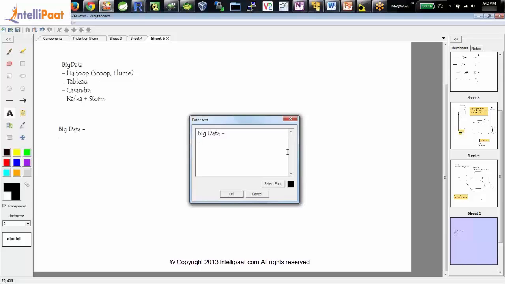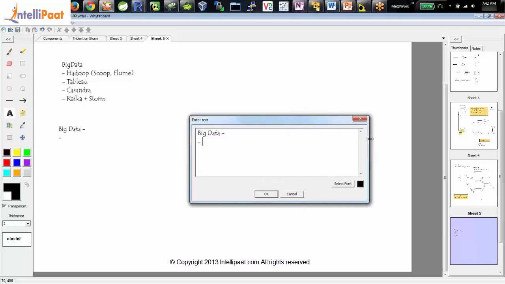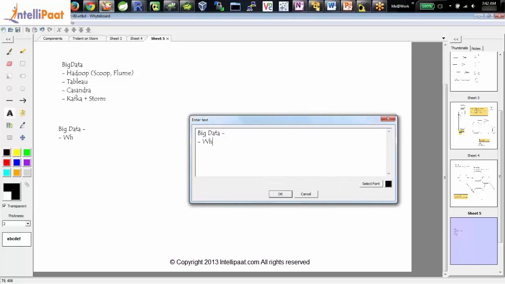So why do we call a data set big data? The data set is way too large.